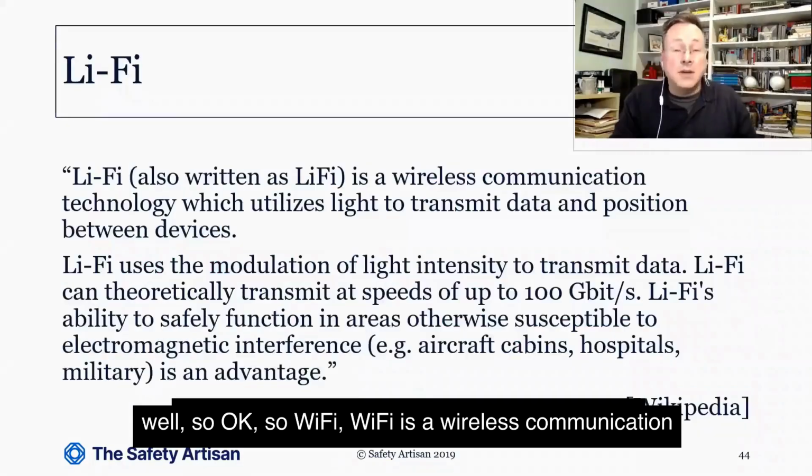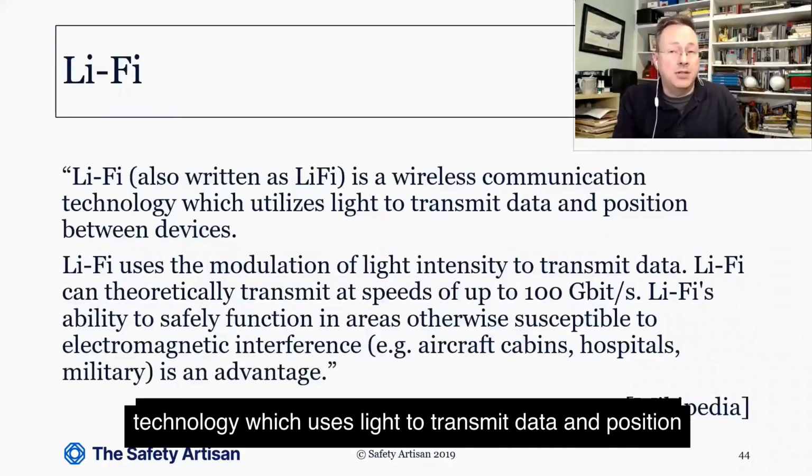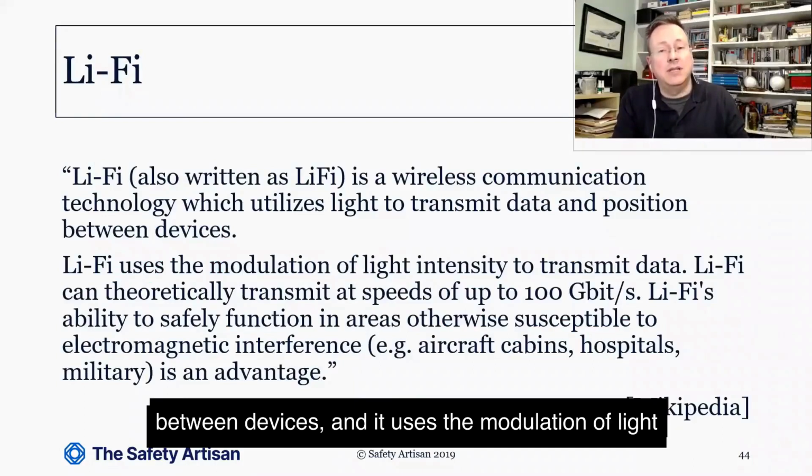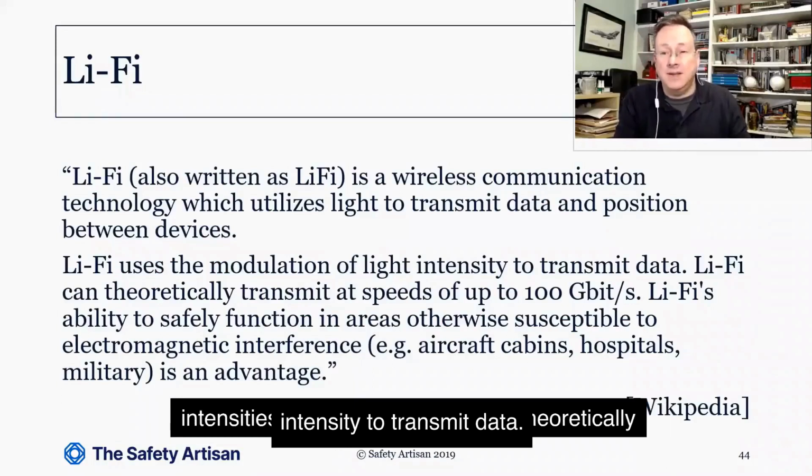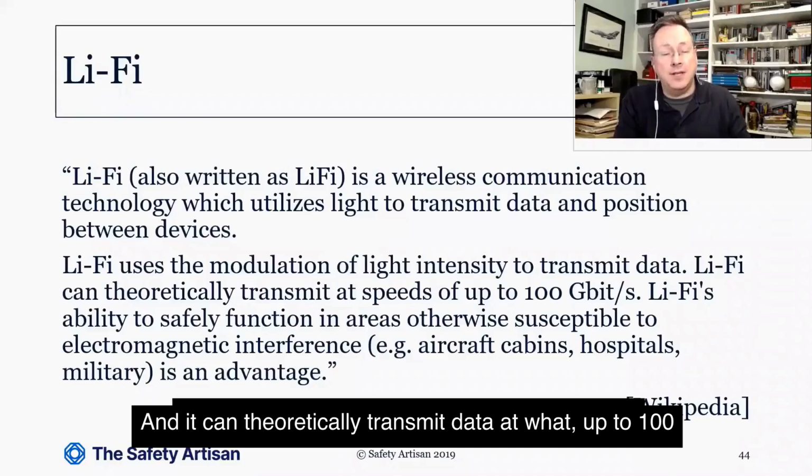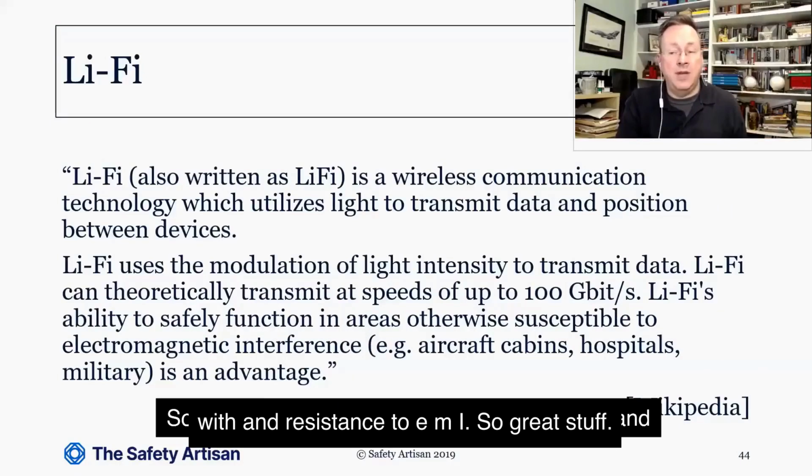Okay, so Li-Fi. Li-Fi is a wireless communication technology which uses light to transmit data and position between devices. It uses the modulation of light intensity to transmit data, and it can theoretically transmit data at up to 100 gigabits per second and has resistance to EMI. So great stuff.